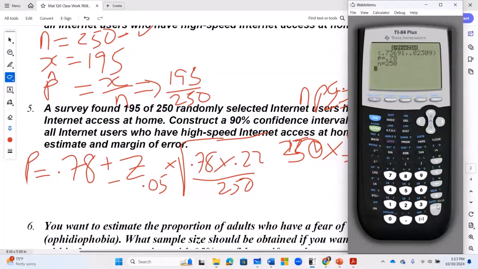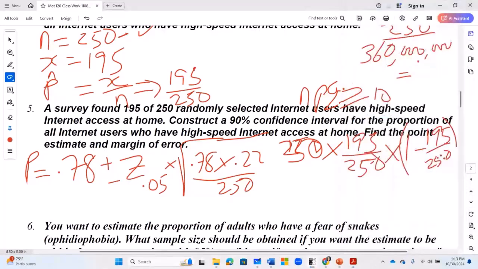So I can now calculate. The confidence interval goes from 0.73691 to 0.82309, and the point estimate is 0.78. I can just write it to two decimal places, so this is 0.74 to 0.82.